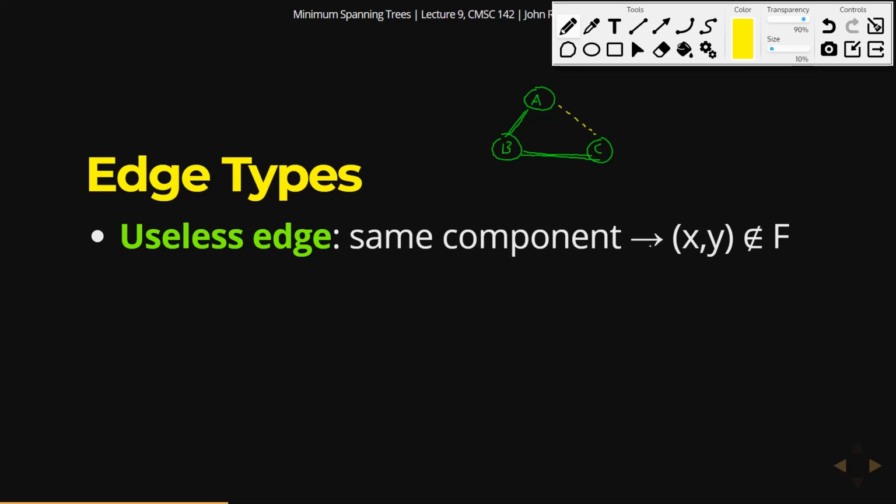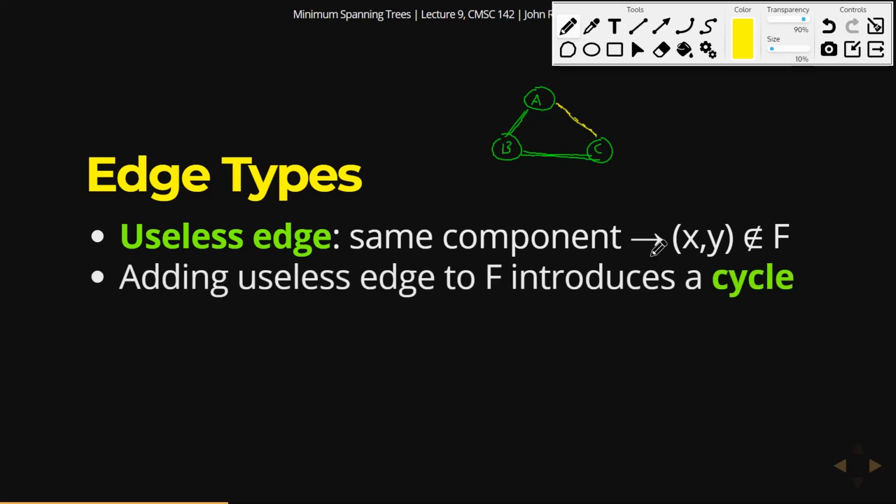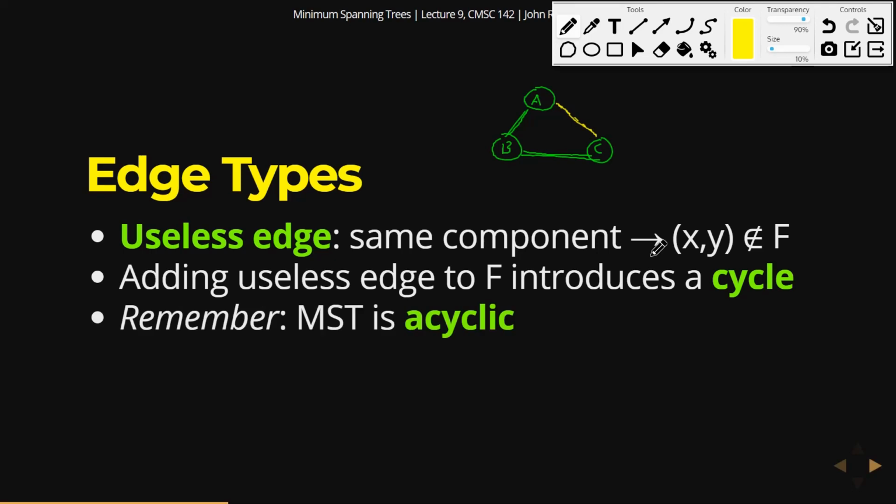But take note that A is already connected to C because you can reach C from A using B as the intermediate node, right? So you can get from A to B, and then B to C. So these two are already connected and part of one component. So if you connect these two again using this edge, then that will already form a cycle. And if it's a cycle, then that won't be a tree anymore, because remember, trees are acyclic. So if it forms a cycle, you should not add that edge. Remember that MST is acyclic, as I've mentioned.